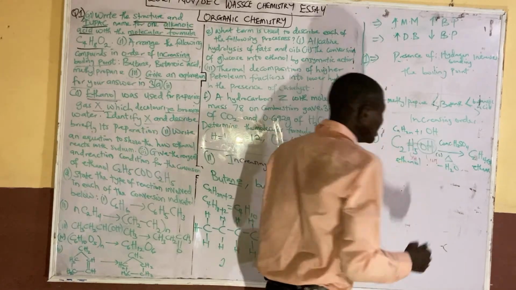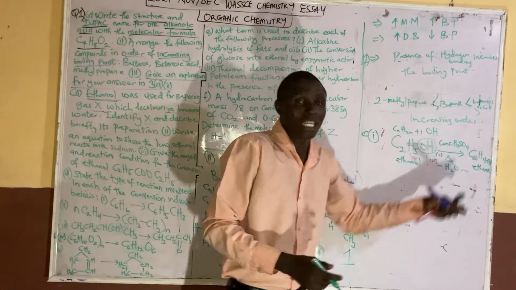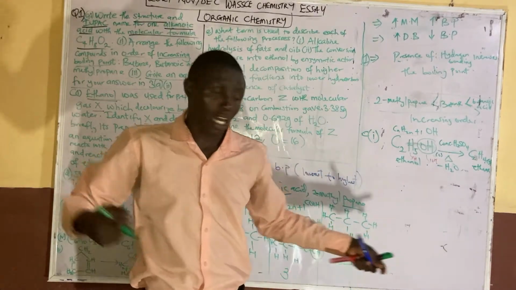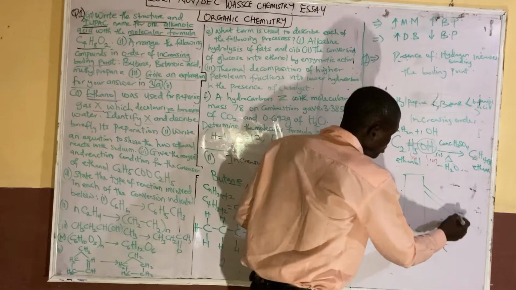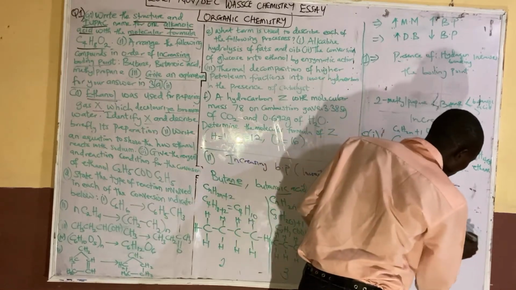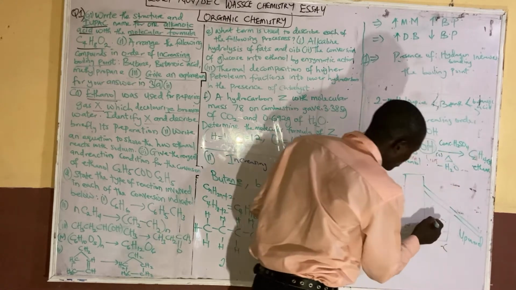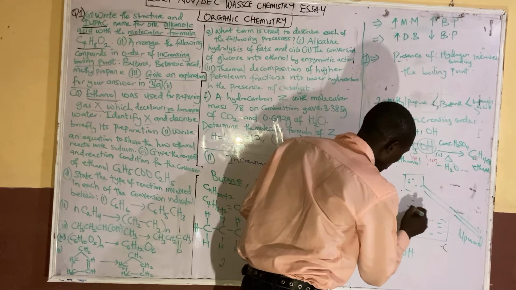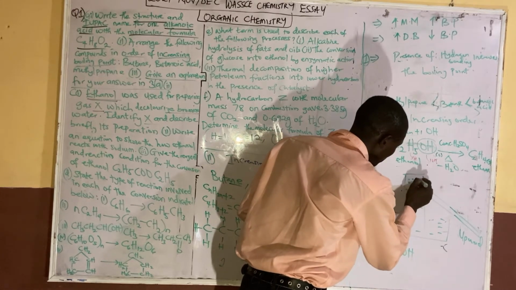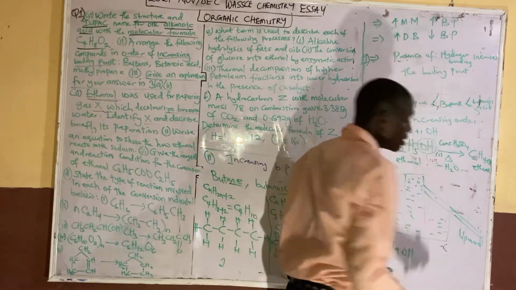So when you dehydrate it using conc H2SO4, that is removal. Dehydration means removal of water. So it gives you ethene gas, and you collect it over water. This is upward displacement. Call it upward. Collect it over water. The gas will be somewhere here, and these are water. The gas will be here. So the gas will come out. So we collect it through upward displacement.